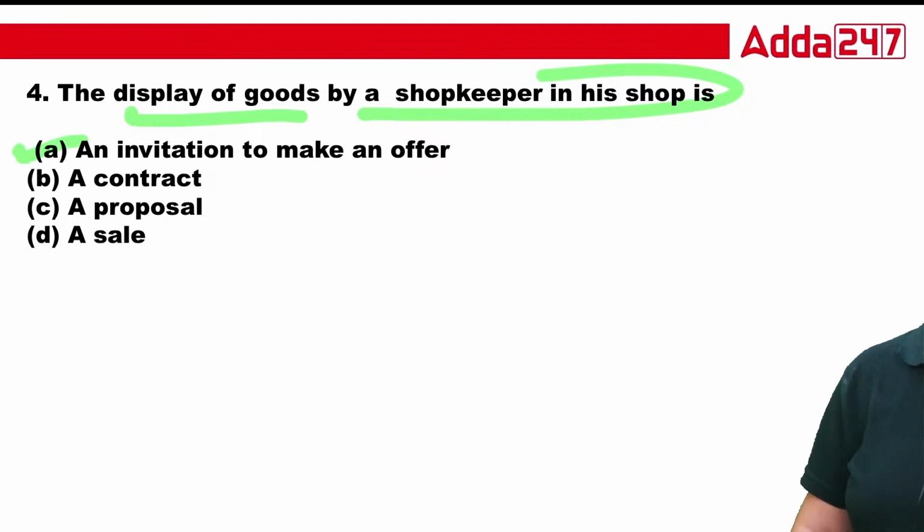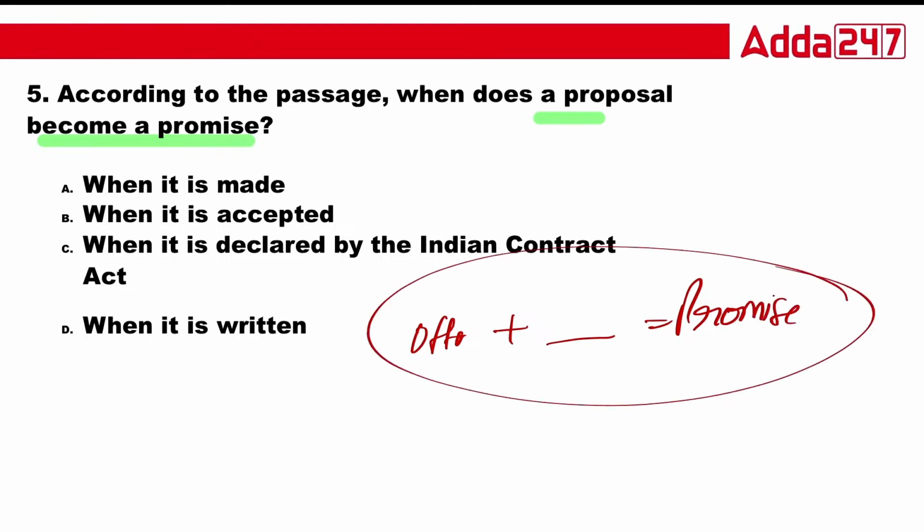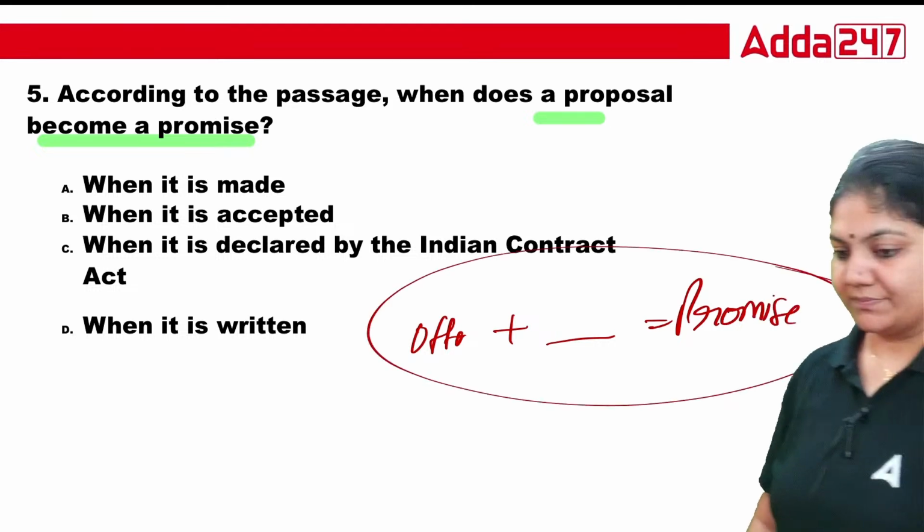A is the right answer. Okay, next. According to the passage, when does a proposal become a promise? Offer plus what is equal to promise? This is the question. Offer plus what?